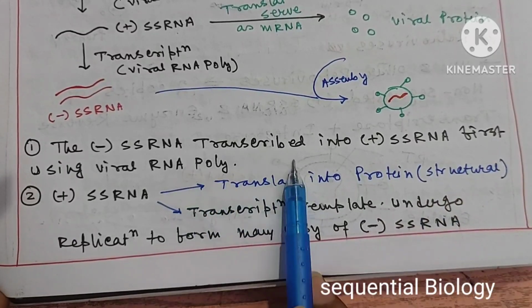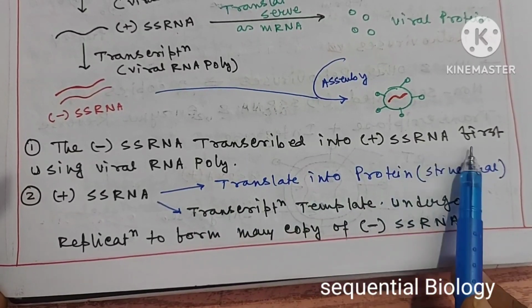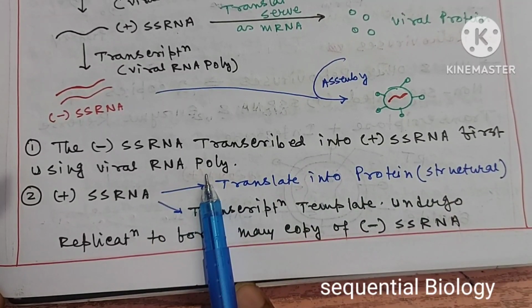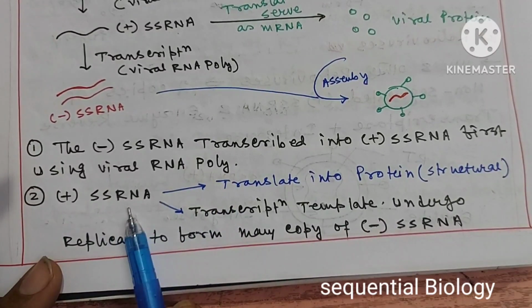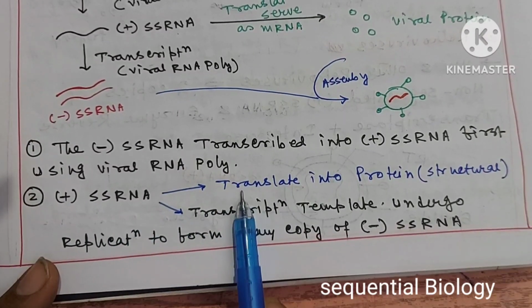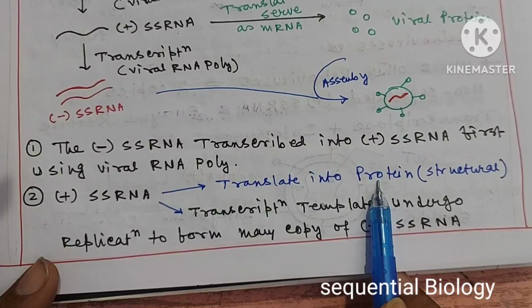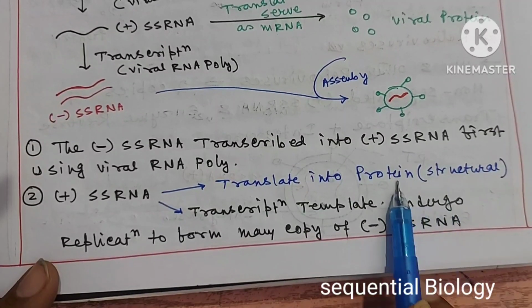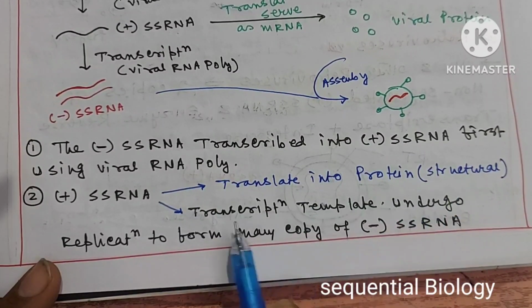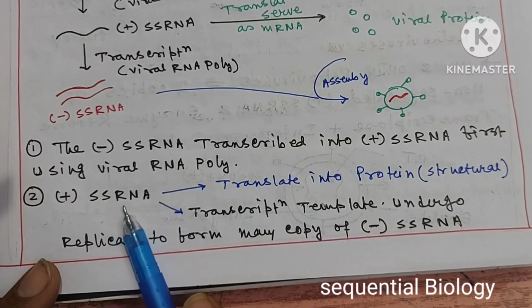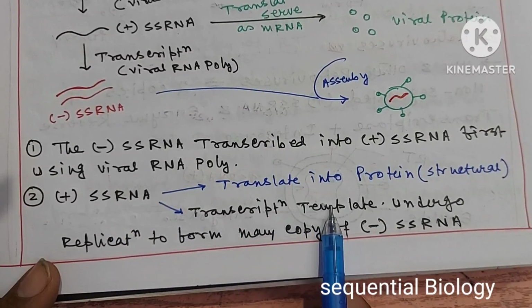The minus ssRNA is first transcribed into plus ssRNA using viral RNA polymerase, and this plus ssRNA is involved in two processes. It is translated into protein, the structural protein, and they form the capsid. And the transcription of the template: this plus ssRNA will be transcribed.